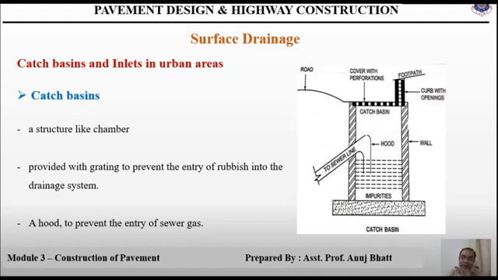Now the impurities in the water are collected at the bottom of the catch basin, which is to be cleaned on a regular basis. A hood is provided in the catch basin to prevent the entry of sewer gas into the catch basins. The next is inlets.